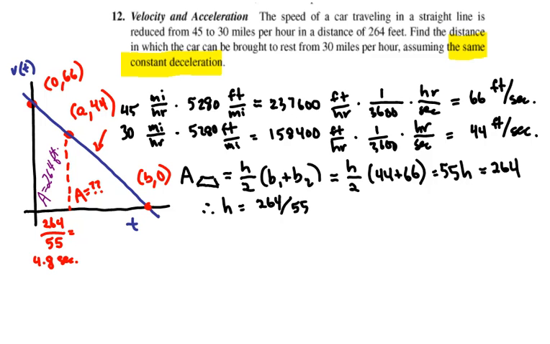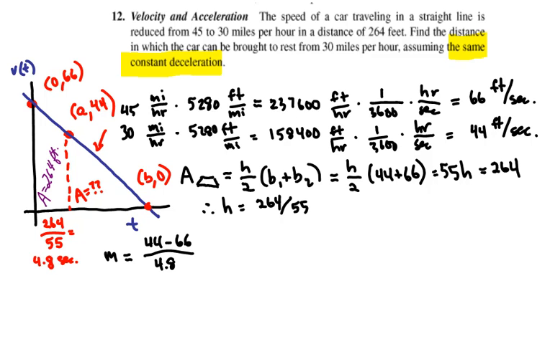And the way that I went about this at this point, especially seeing that we have a constant deceleration, which means that our velocity is a linear graph, then it has a constant slope throughout its entire domain. And so I can solve for that slope, or I can make a proportion based on that slope.